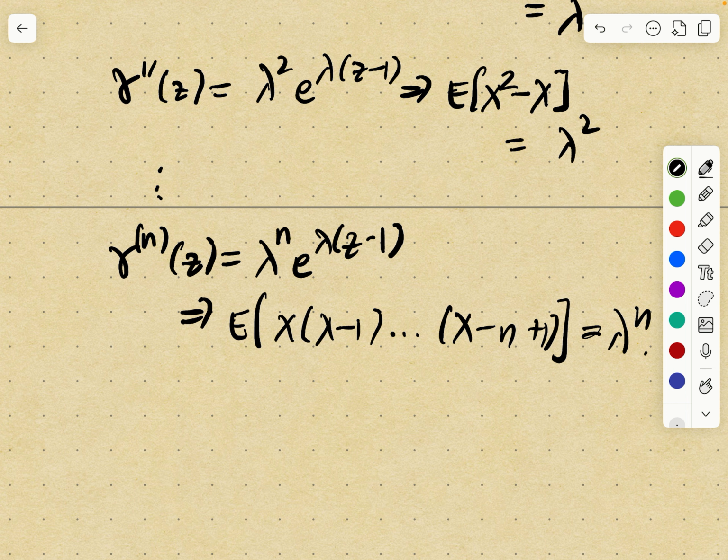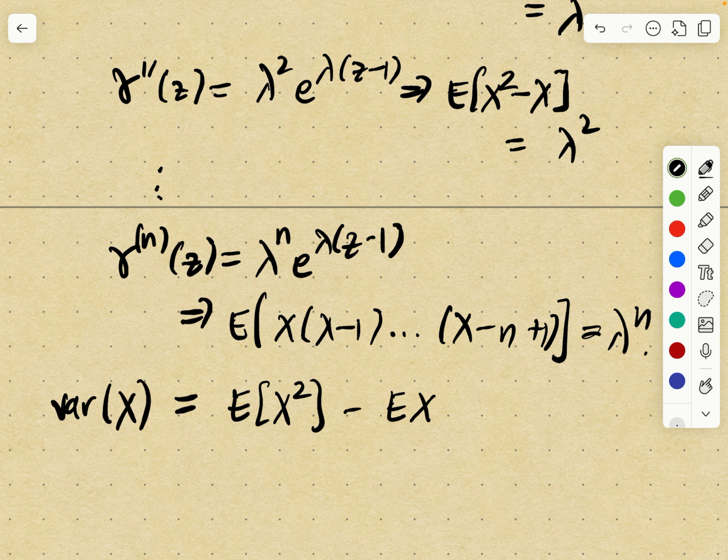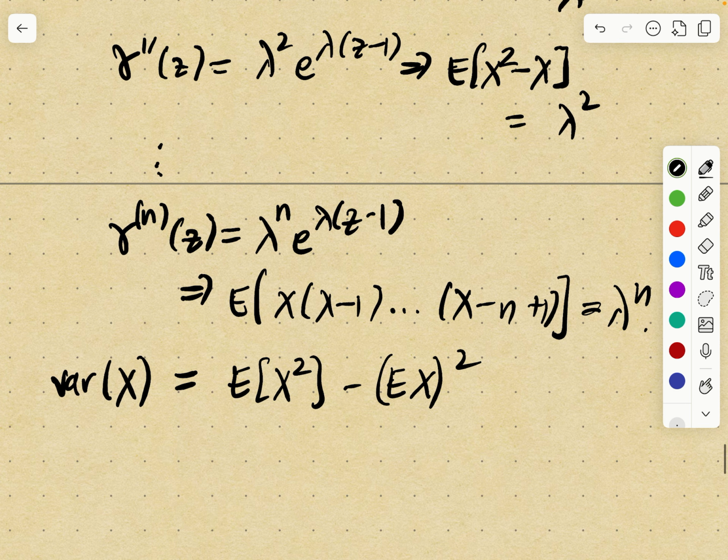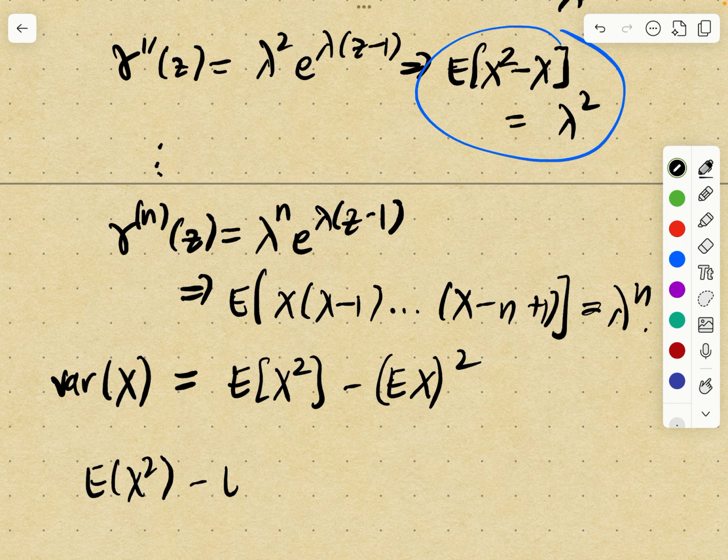So we can actually use this to find the variance, because the variance of the Poisson distribution, we found it to be lambda. Let's check that you get lambda. So this is the expectation of x squared minus the square of the expectation of x, right? And we know from up here that the expectation of x squared minus the expectation of x is lambda squared.